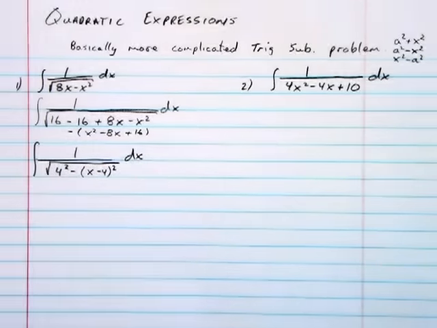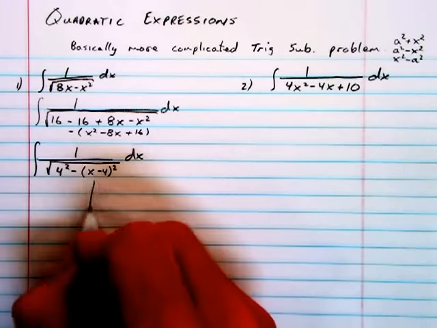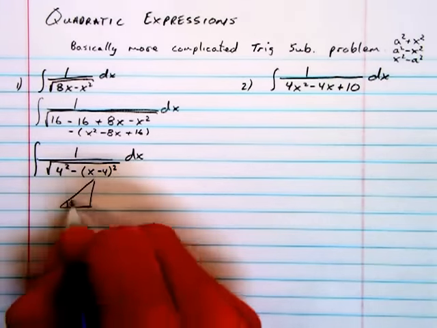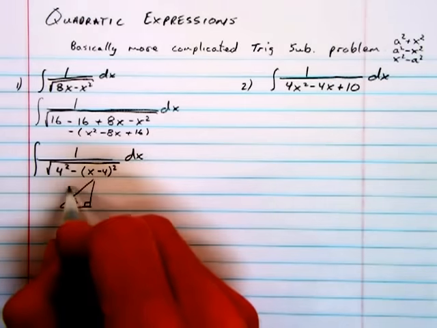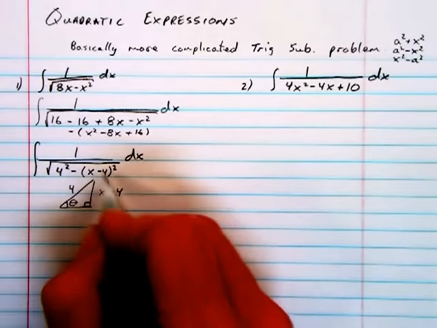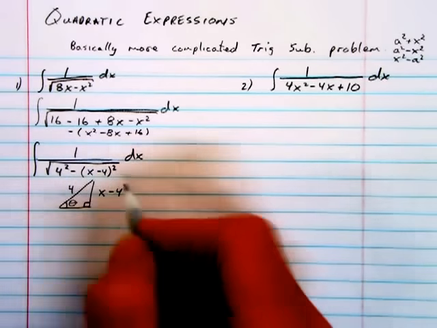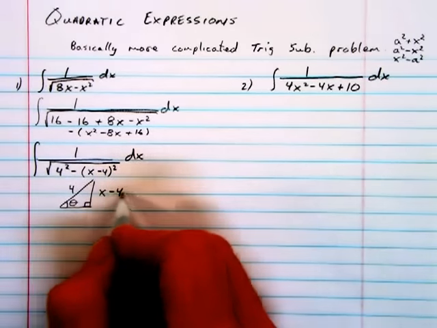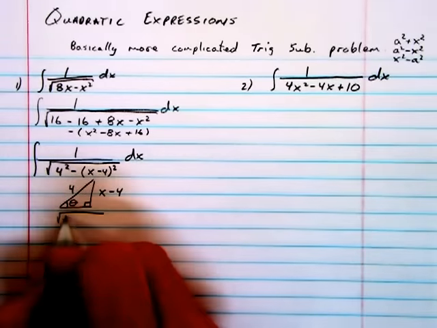And at this point, we can go through it exactly the way we did our trig substitution before. So we set up our triangle. We have theta. We have to put 4 on the hypotenuse. We want x minus 4 on the vertical leg. Now we'll have something that goes with this, not just a plain x. It'll be an expression, a binomial, and we'll still have our radical on the lower part.